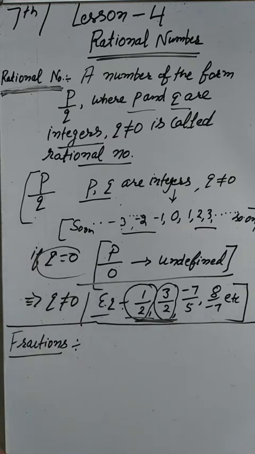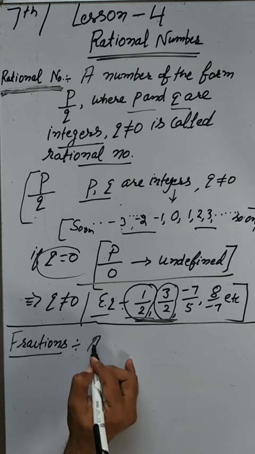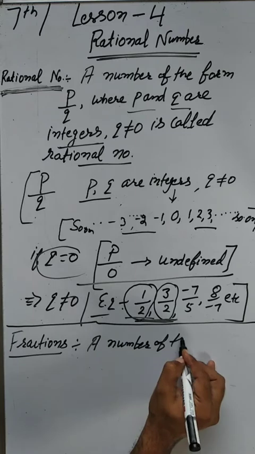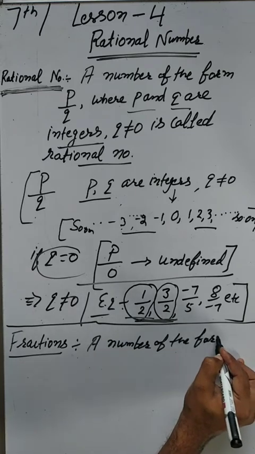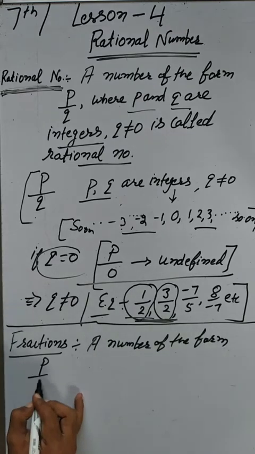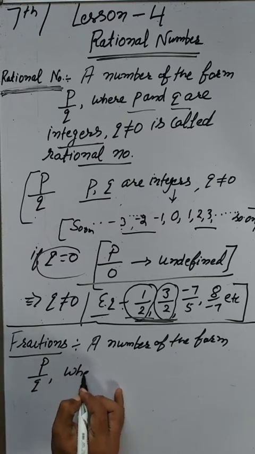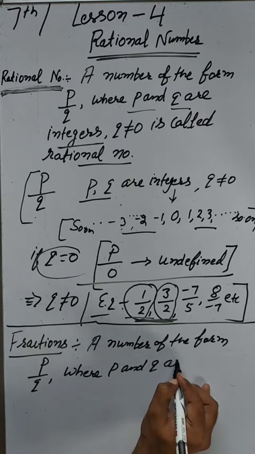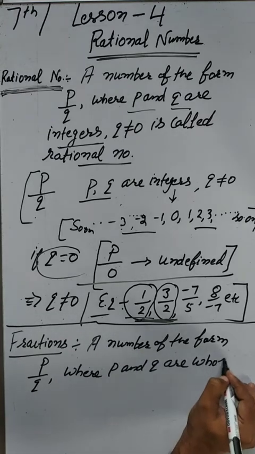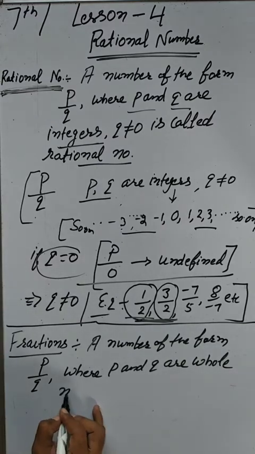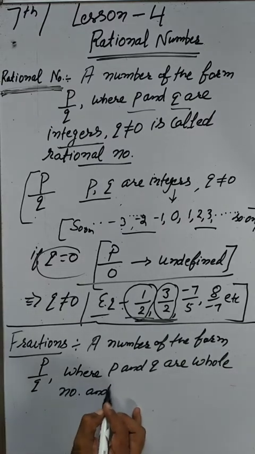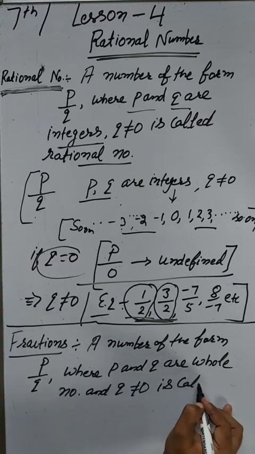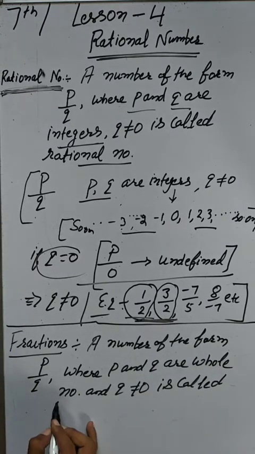Or in other words, I can also say a number of the form P upon Q, where P and Q are whole numbers, and Q is not equal to 0, is called a fraction.